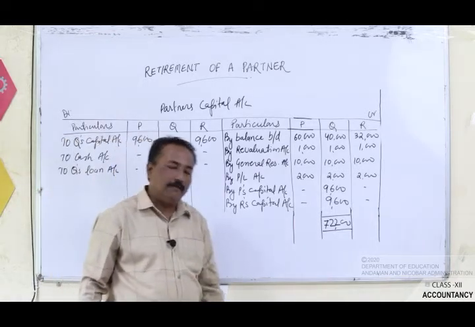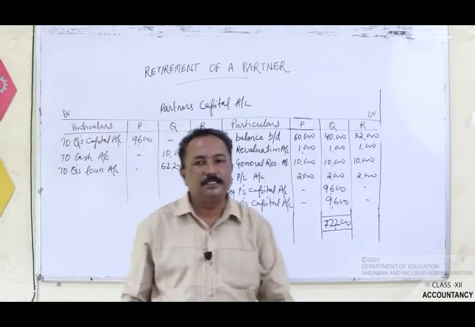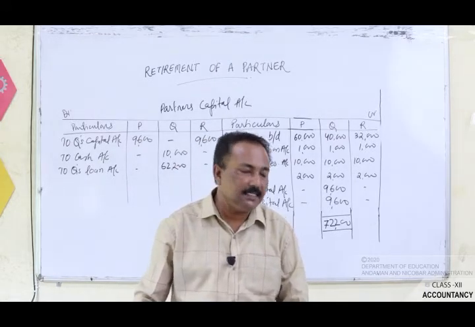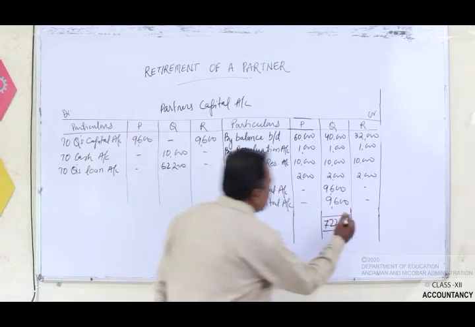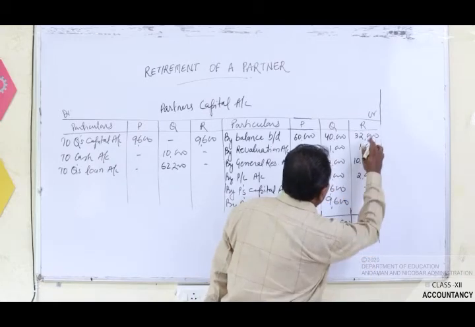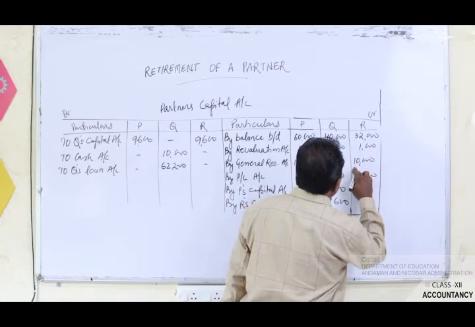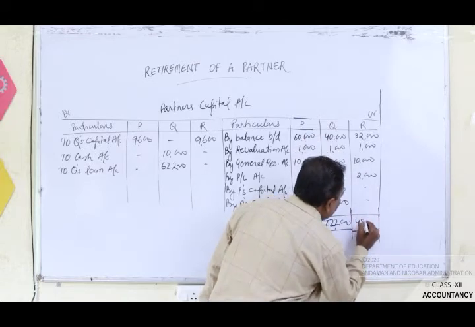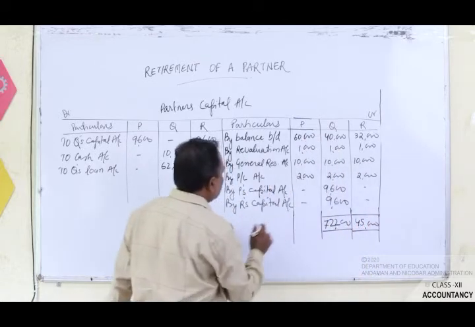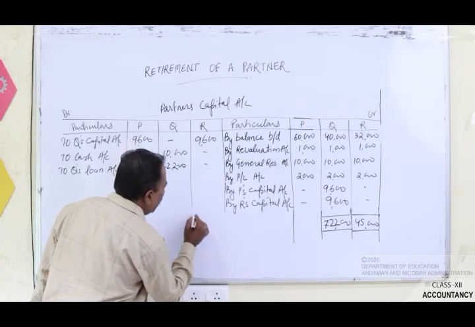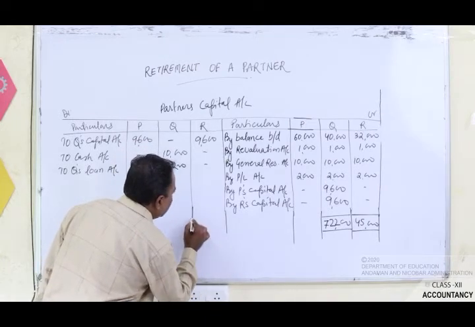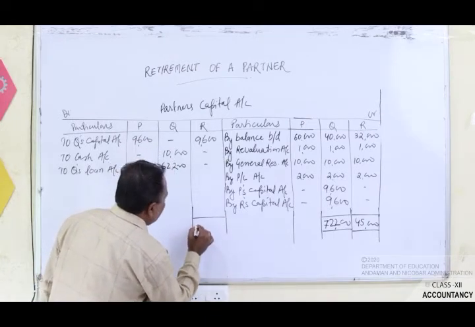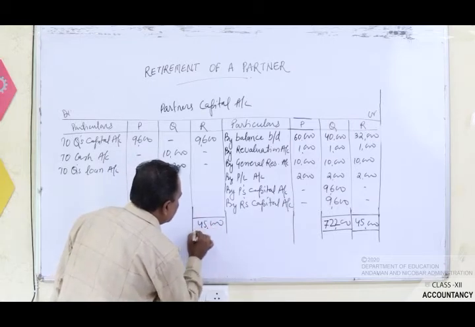Now, after this, we will close the partner's capital account. When we close the partner's capital account, let us total this. It will be 45,000. The same figure will be recorded here. It is 45,000.